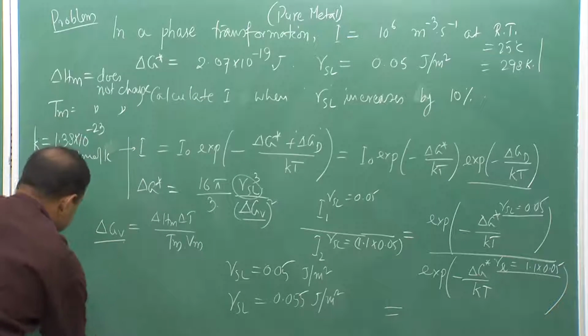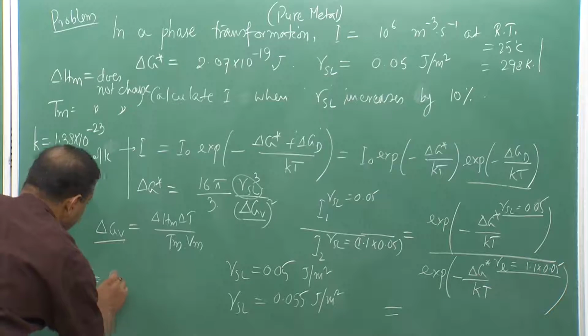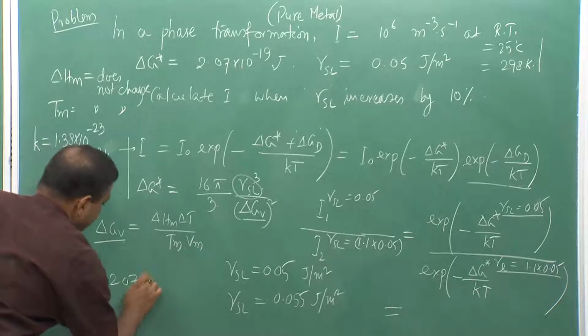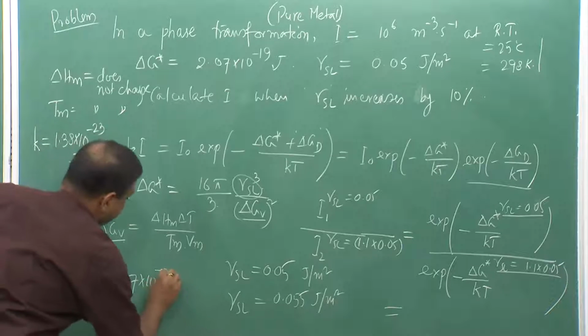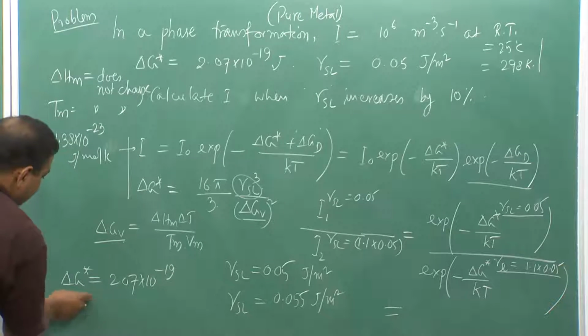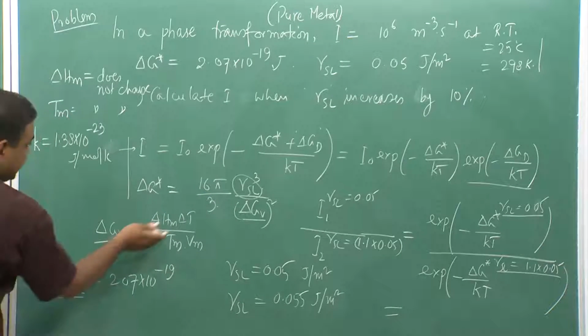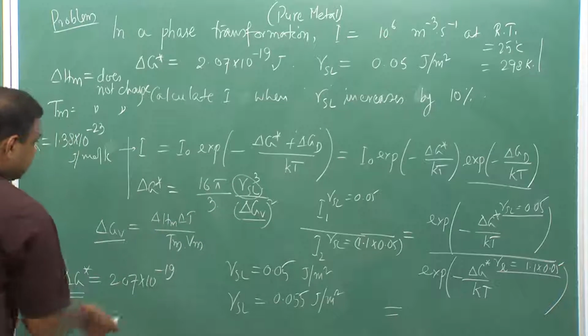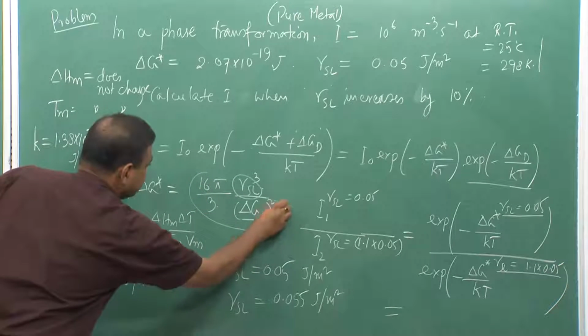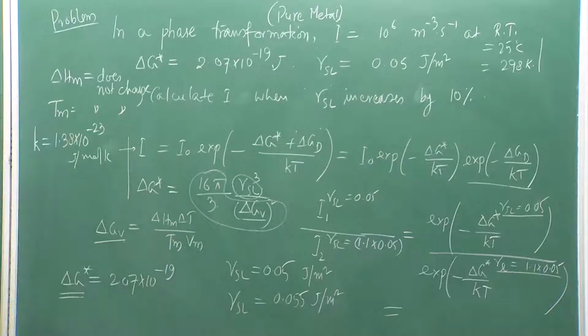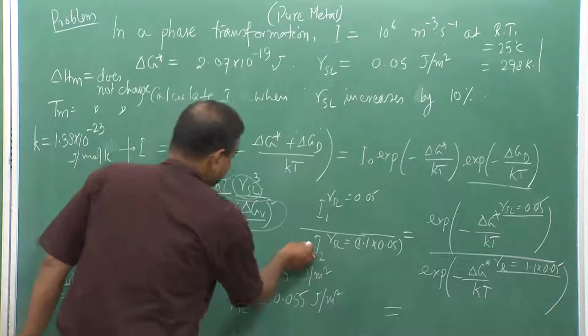So, delta G star is equal to 2.07 into 10 to the power minus 19. I take this equation, I know gamma SL, I can calculate this quantity. Once I calculate this quantity, the problem becomes very simple, we can get the value of I 2.